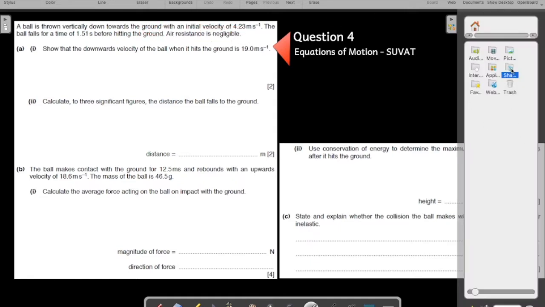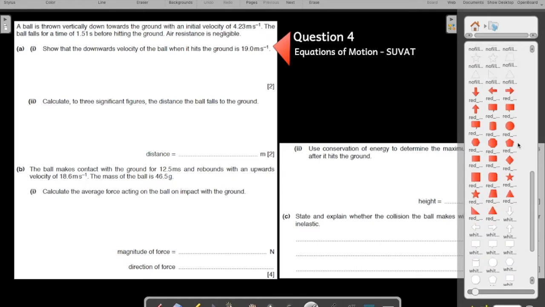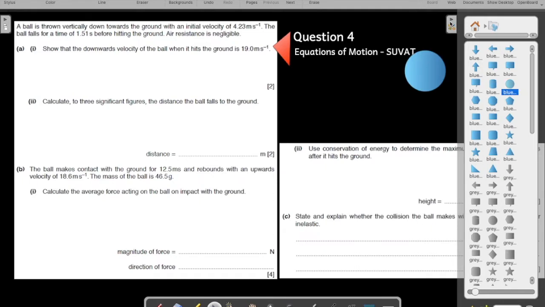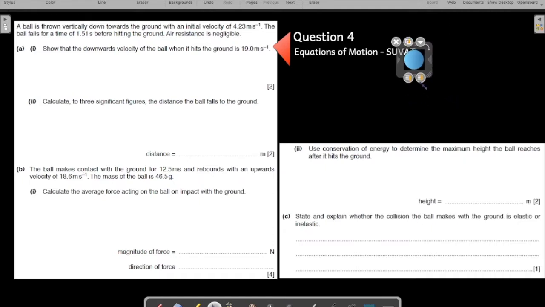Let us draw a picture of it. It is always a good idea to draw a rough sketch of what is happening in the question. So let us take a ball. The ball is thrown vertically. It is not dropped from rest.